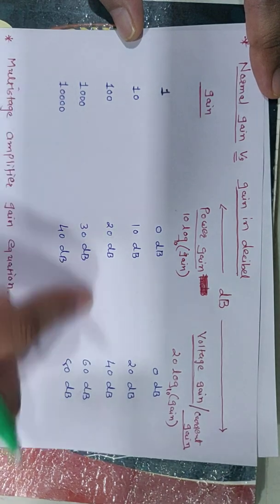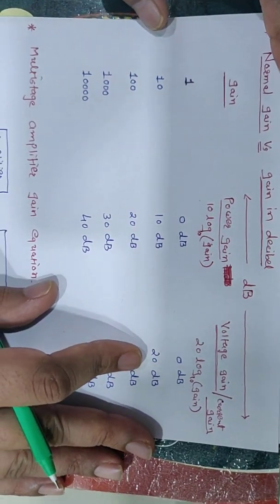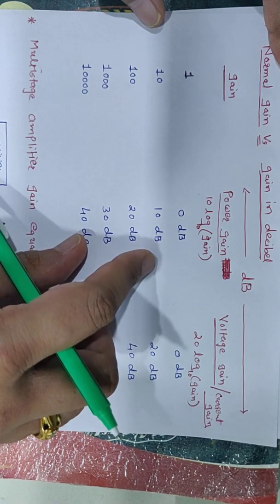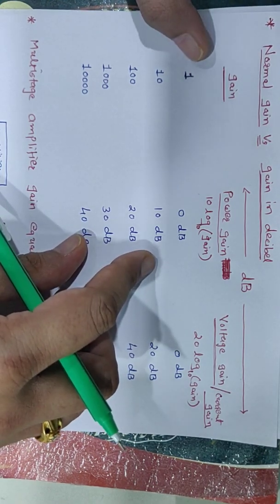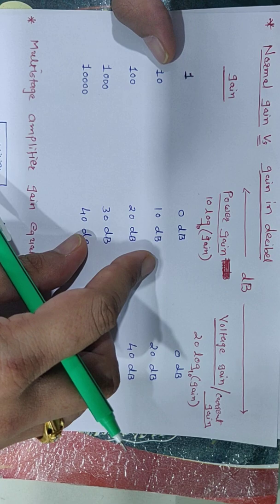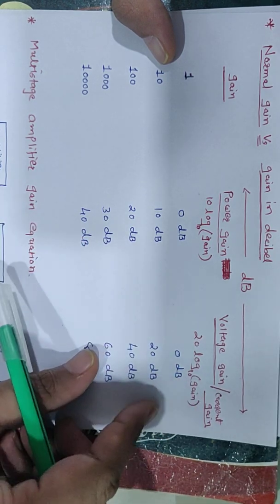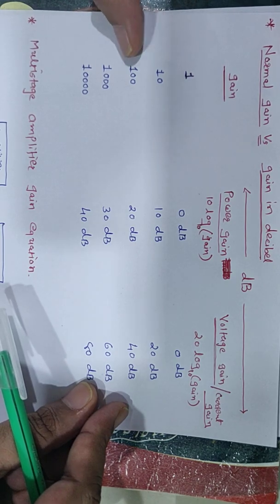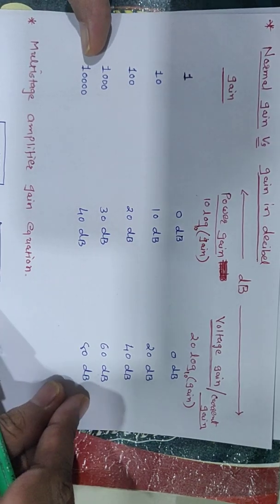From the table we concluded that power gain will rise by 10 dB when we increase the normal gain by a factor of 10. Similarly, voltage or current gain will rise by 20 dB if we increase the normal gain by a factor of 10.